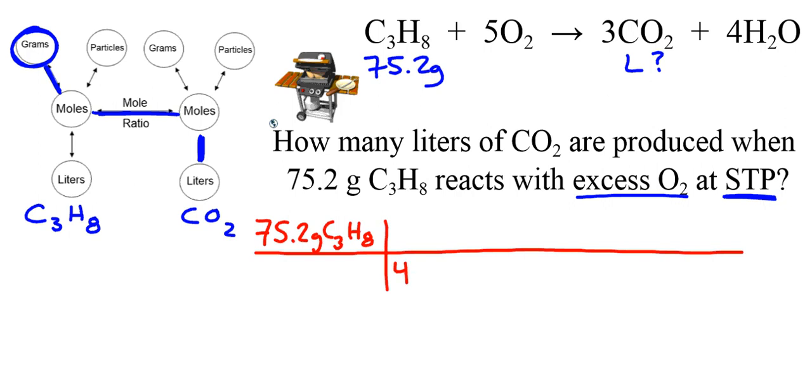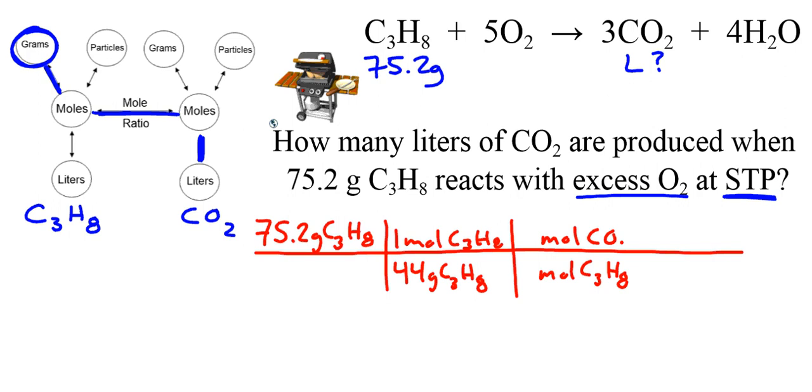Molar mass of propane is 44. I'm converting from propane to carbon dioxide, so I look at my mole ratios. For every one of these, I have 3 of those, so it's a 3 for 1. And now, you could be solving for a lot of things.